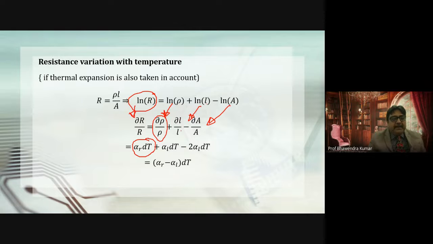And dL by L will represent alpha L into dt, the coefficient of linear expansion. And dA by A is 2 times the linear expansion, so we write minus 2 alpha L. This is 1 unit, this is 2 units. So ultimately it will be alpha R minus alpha L into dt. You can write it.